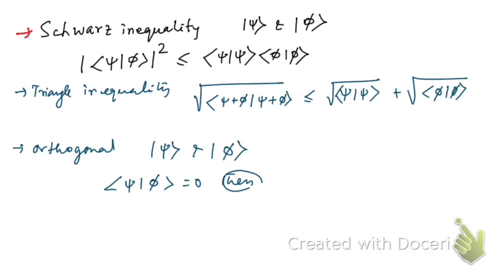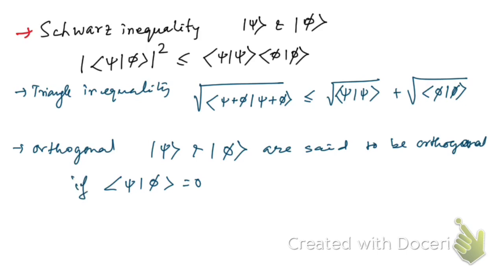Or you can write this one, they are said to be orthogonal if this is equal to 0, right?